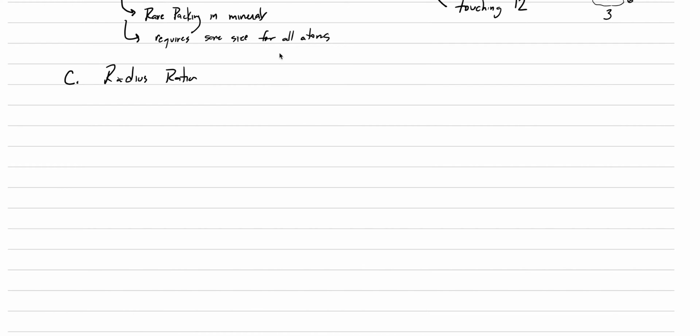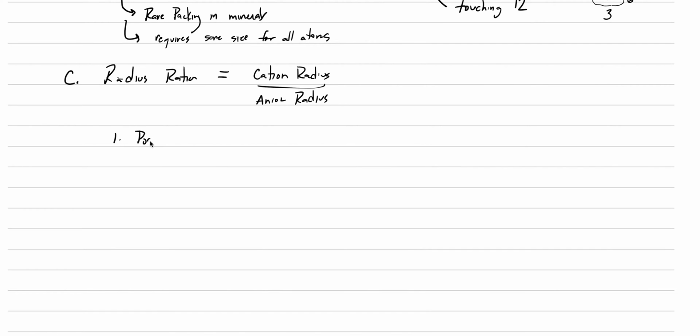And the radius ratio is a fairly simple equation: it is just the cation radius divided by the anion radius. That's going to give you a number, and there are thresholds set up based on the relative sizes of the cation and anion.